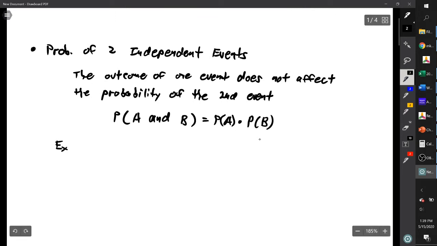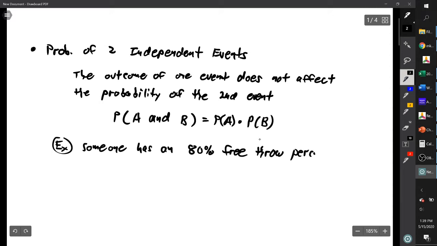So one example here could be someone has an 80% free throw percentage in basketball.